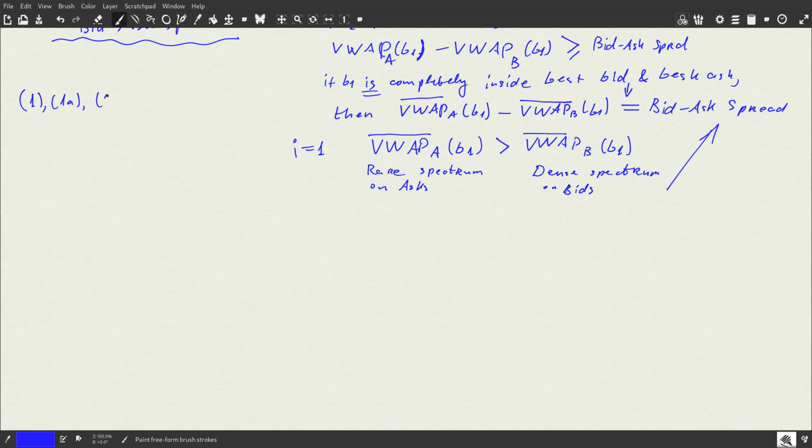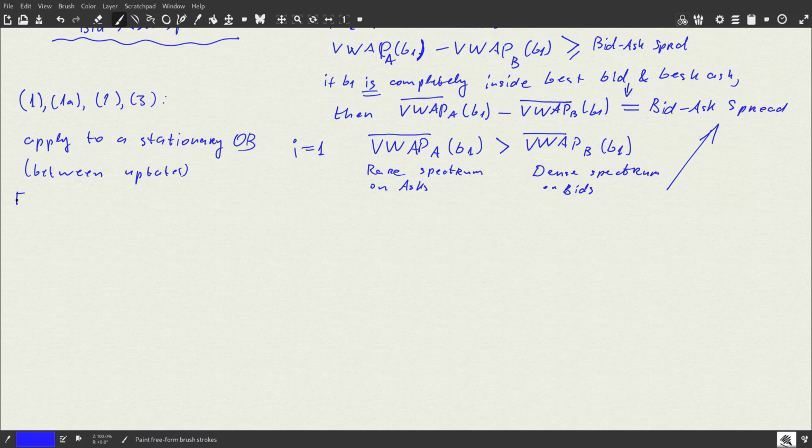Features 1a, 2, 3 apply to a stationary order book between updates. Okay, so let's precisely call them feature 1, feature 1a, feature 2, feature 3.